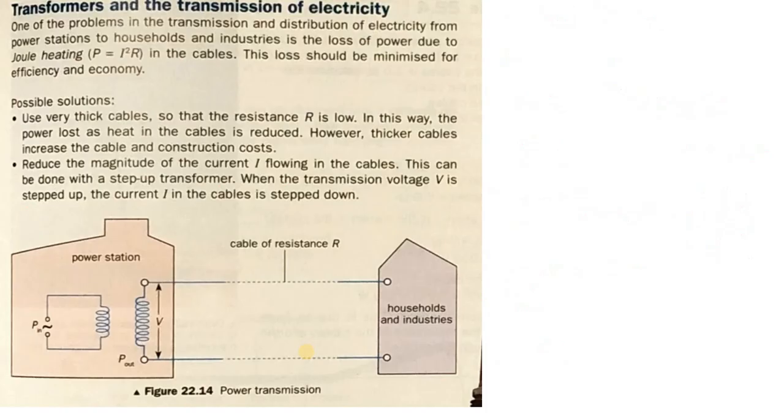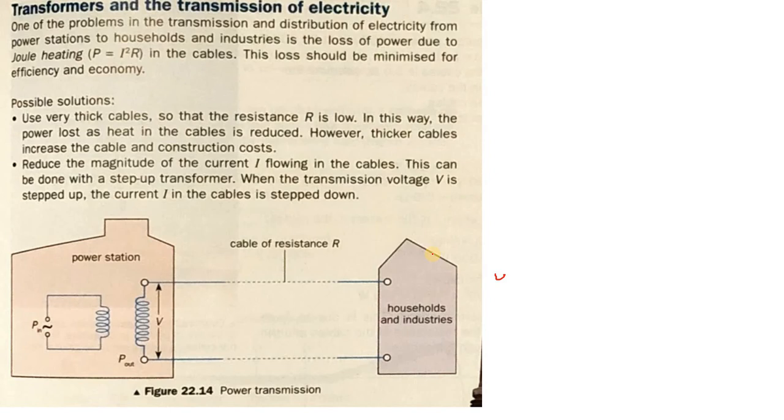So now let's move on to how the transformer basically helps to transmit electricity to our house. Obviously you know that electricity is generated in a power station, in a huge amount and at very high voltage. From there it goes to the railway station, to the shop, to the industry, to our house.